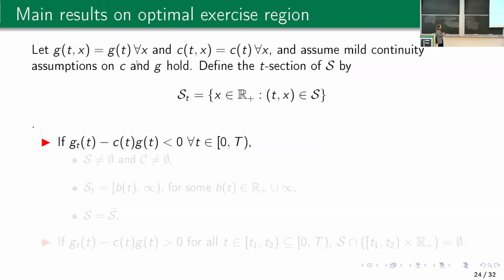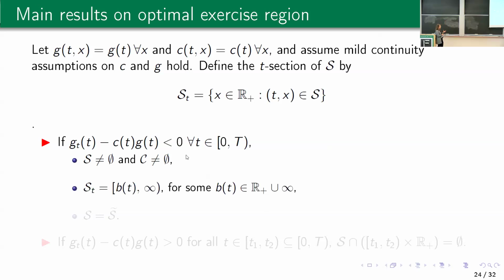And so, again, just for time-dependent fee and surrender functions, if we look at the T section, so if we fix T and look at what happens just in terms of S, when this function is always negative, then we can say that there will be an incentive to surrender. It will be optimal to surrender at some point before maturity.